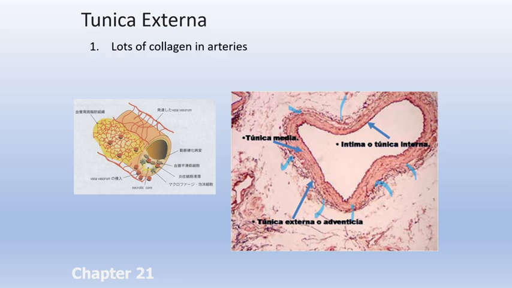So there's lots of collagen in the tunica externa of arteries securing it to the tissues around it. There is collagen in the tunica externa of veins. There's just not as thick of a layer. There can be elastic fibers in smooth muscle in the tunica externa of veins.